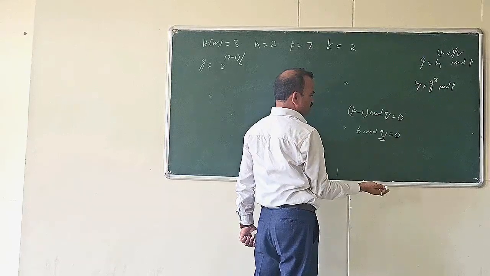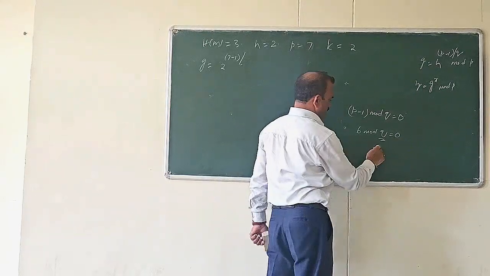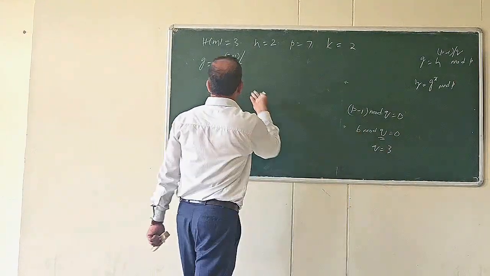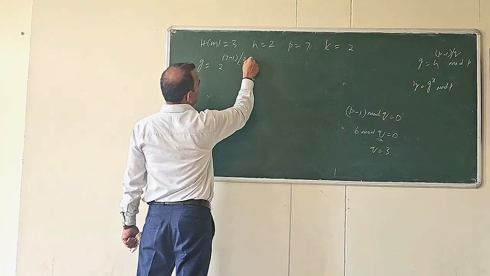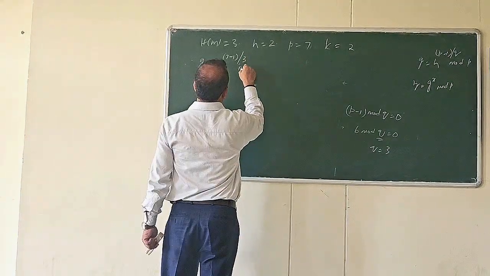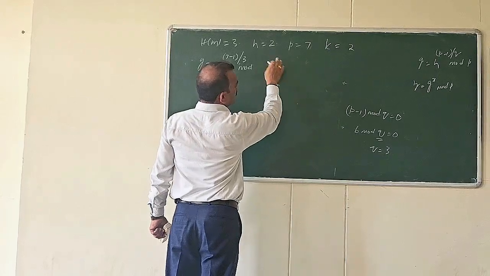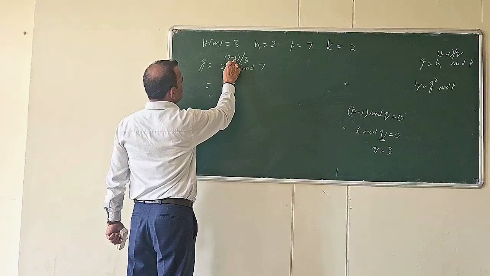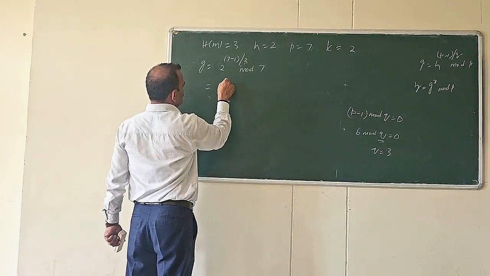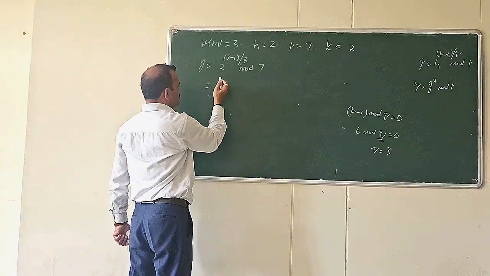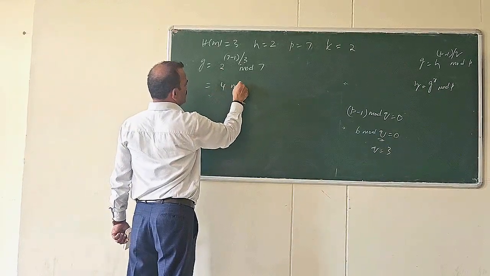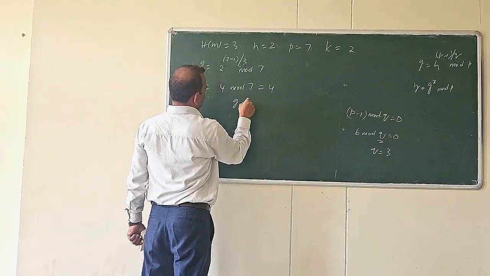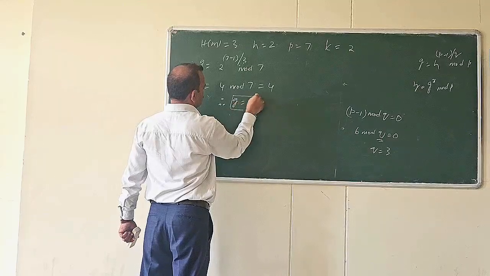What is the q value? q equal to 3, then 6 mod 3 equal to 0. So the value of q is 3 and whole mod the prime number p is 7. See here, 2 power (7 minus 1) by 3, that is 2 power 2, 2 square, 4 mod 7. This value is 4. So therefore g equal to 4.